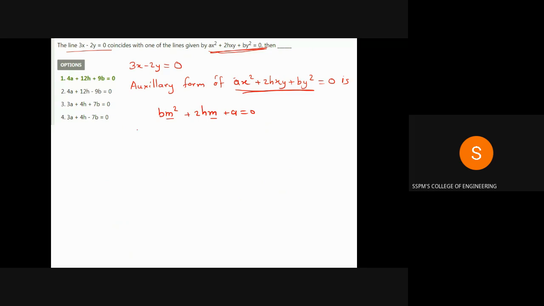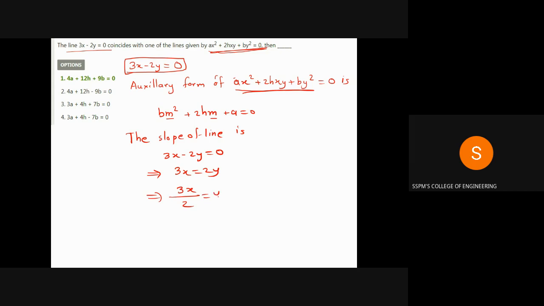The slope is given by, see the equation of the line is 3x minus 2y is equal to 0. So using this we can find the slope. We will write this equation in the form of y, that is 3x is equal to 2y, which implies that 3x divided by 2 is equal to y.